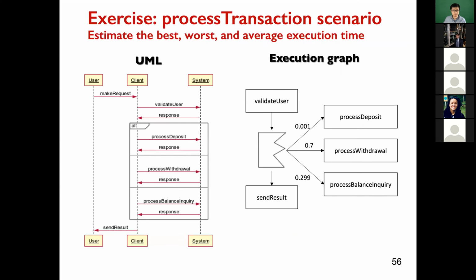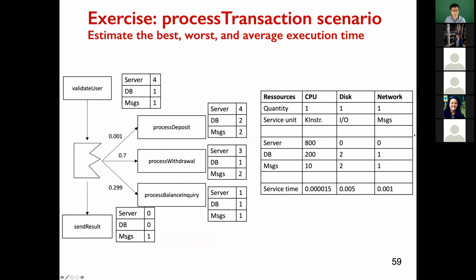Here we give detailed information. We tell you for each step what the software resource requirements are, and also in this process overhead matrix, for each software requirement unit, what the corresponding hardware resource used is, and for each hardware resource unit, what the service time is.